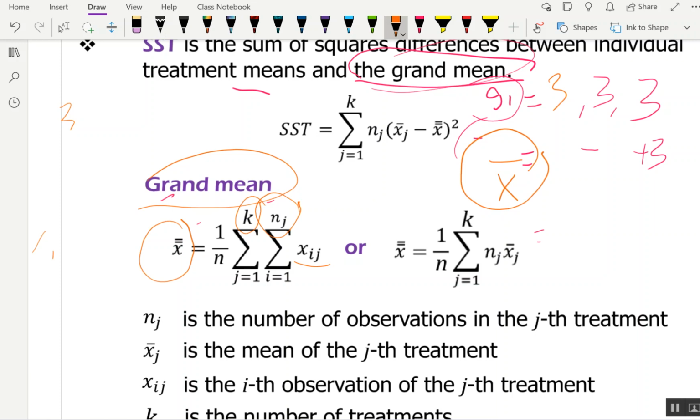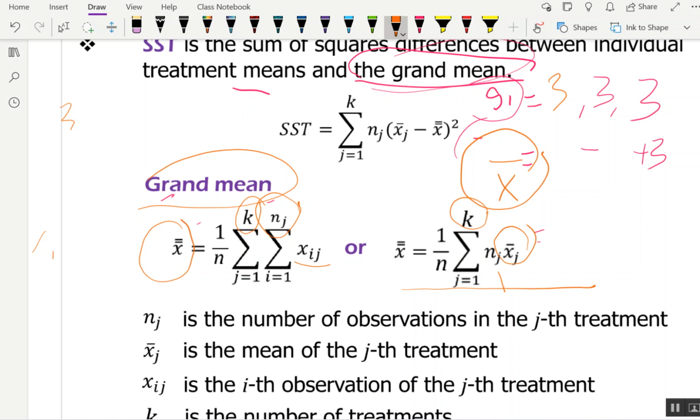Same goes here, you can use the other formula. So you take 1 divided by the sample sizes, and you take this k, which is the total number of treatment groups, and you multiply the sample size of group 1 times the mean for group 1.